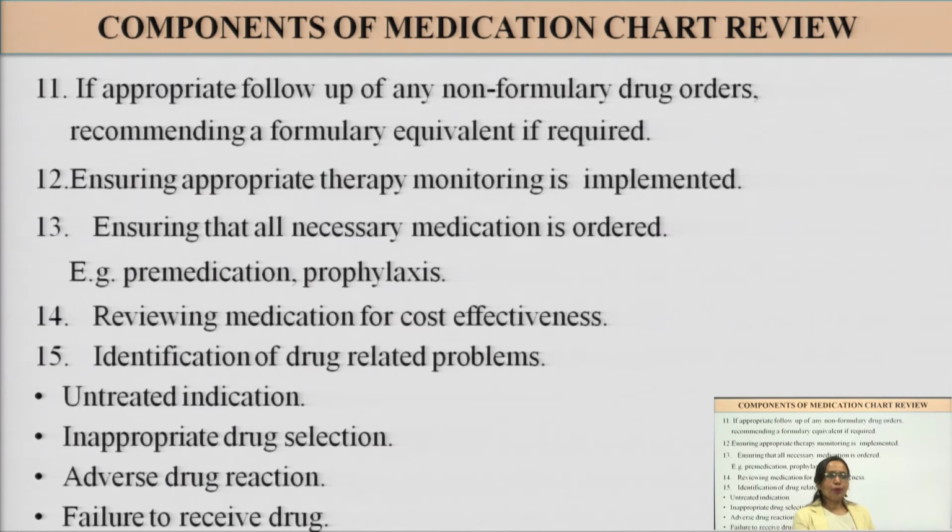Appropriate follow up of any non-formulary drug orders, that is, recommending a formulary equivalent if required. The next is ensuring appropriate therapy monitoring is implemented. The next component of medication chart review is ensuring that all necessary medication is ordered.